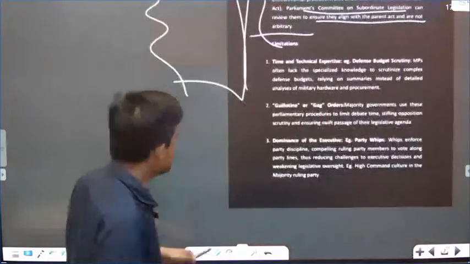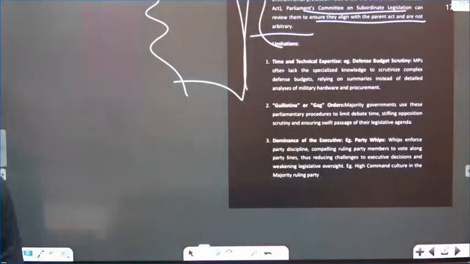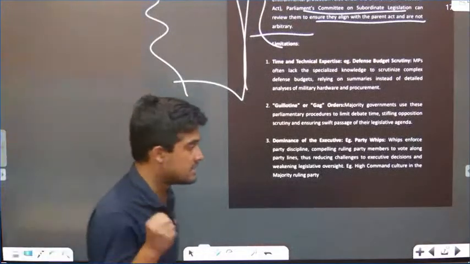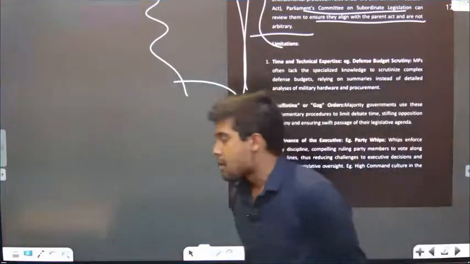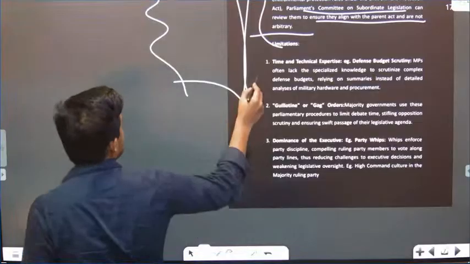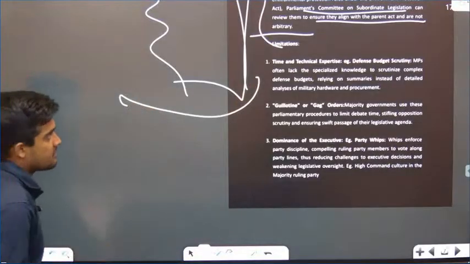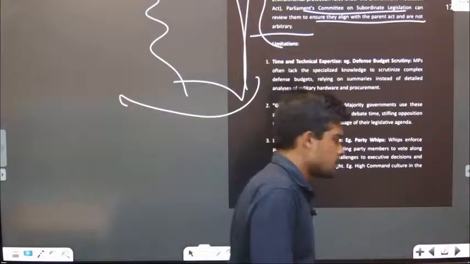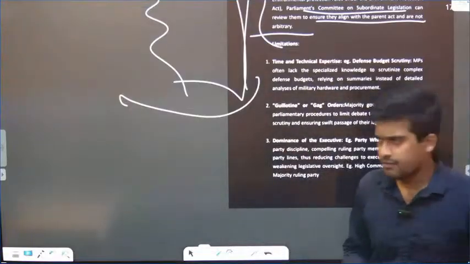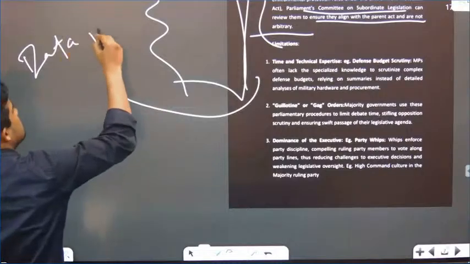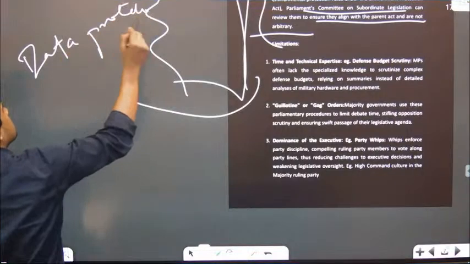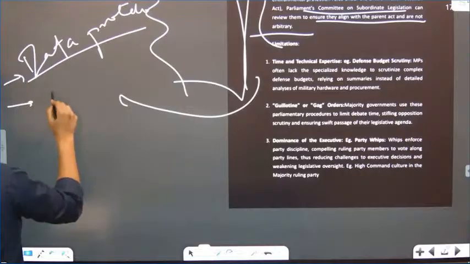Now, there are certain limitations when it comes to legislative control over administration. First is time and technical expertise. Example, certain new policies, for example, data protection policies, or to regulate big tech.